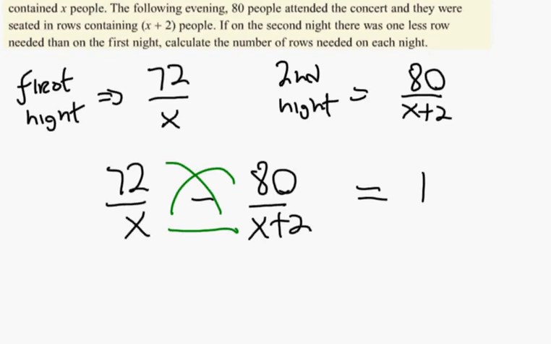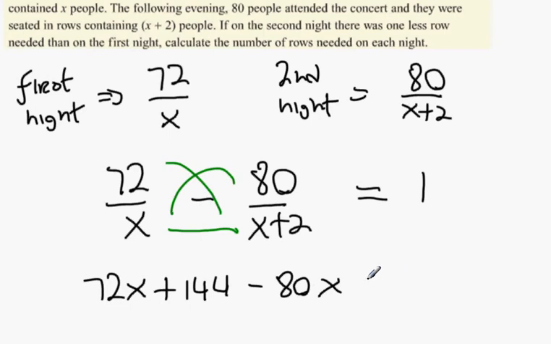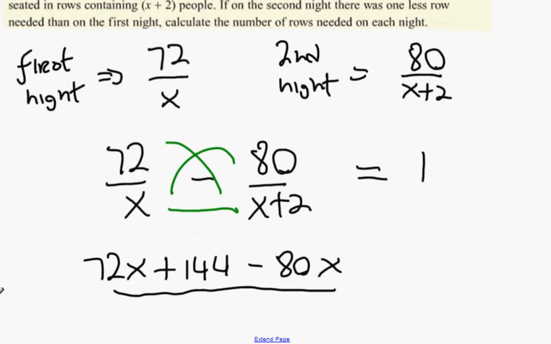And what you're going to get is 72x plus 144 minus 80x, all over the two of them multiplied by each other, which is x squared plus 2x. All of this equals 1.